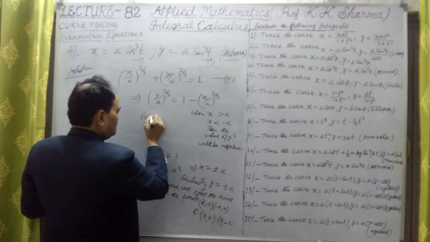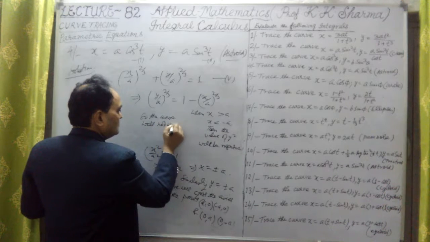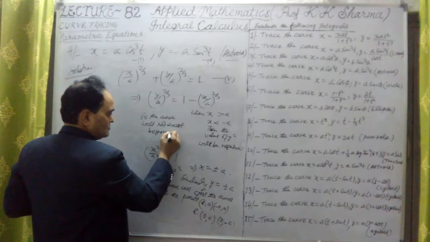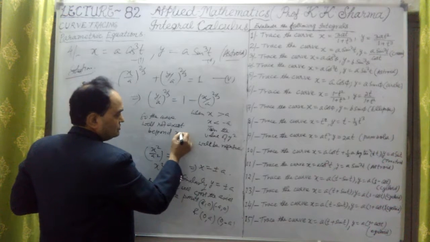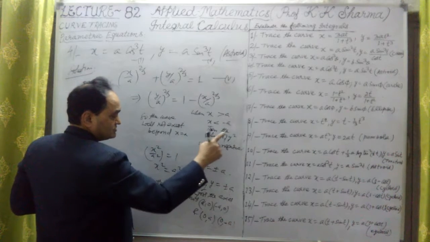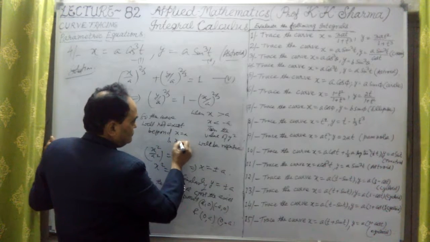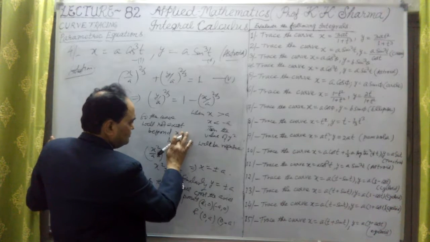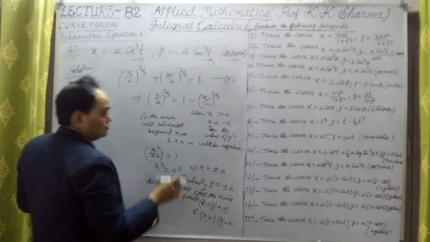So the curve will not exist beyond x equal to a. While x is more than a, we cannot take the positive direction; x cannot go ahead more than a. Similarly for x less than minus a, the curve will not be there.